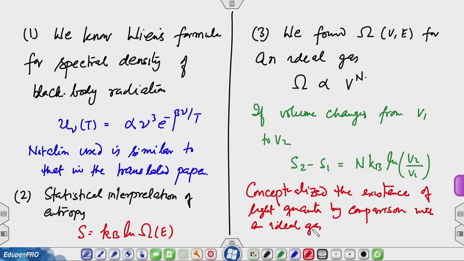So he went a step further and then used this concept to explain certain experiments. So that actually showed that his way of thinking that radiation can be thought of as if it's made up of particles, light quanta or photons. So that he conceptualized and showed it, that explains certain experiments which were not explained otherwise. And one of them is the photoelectric effect.